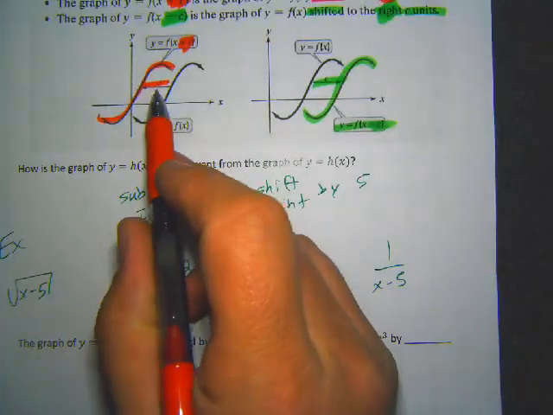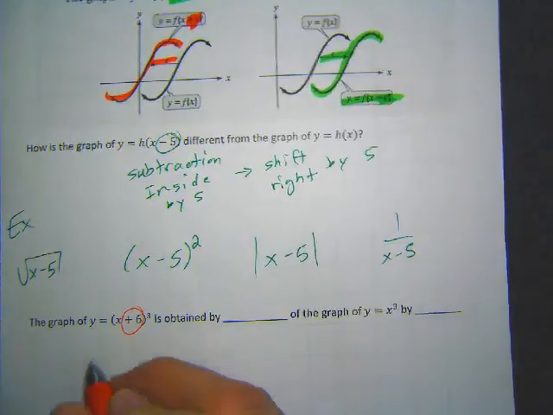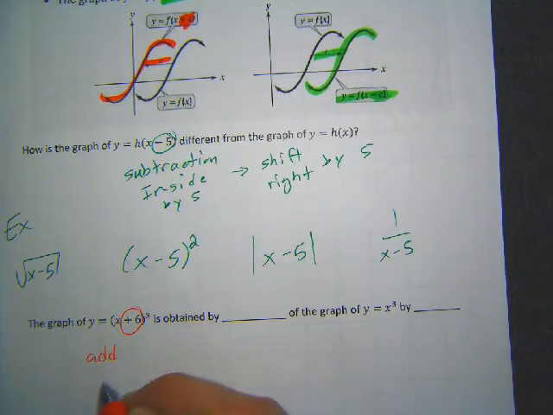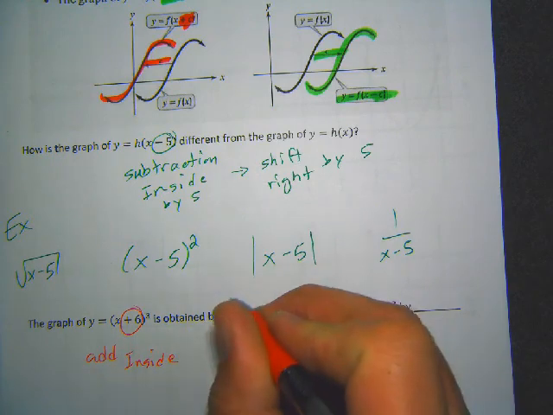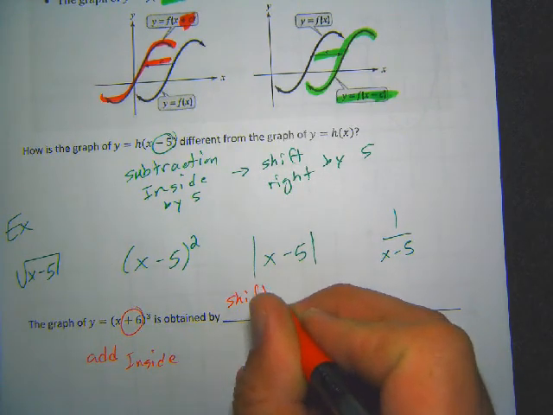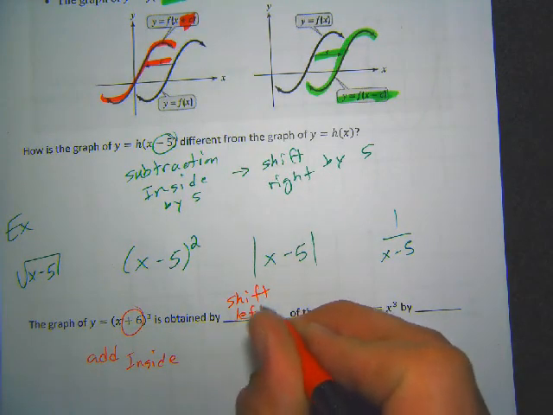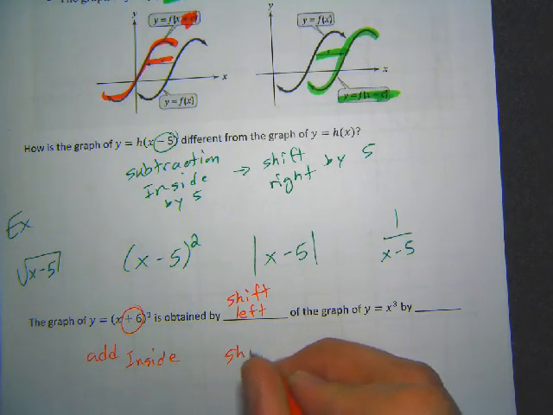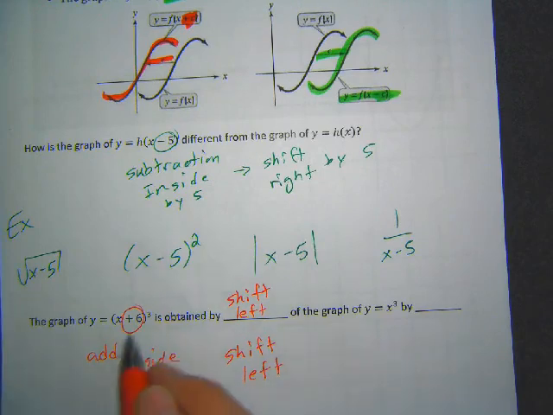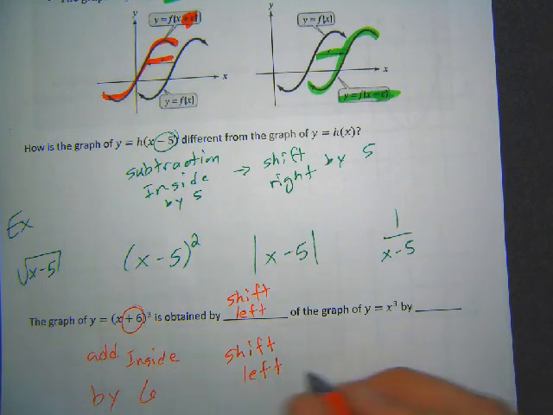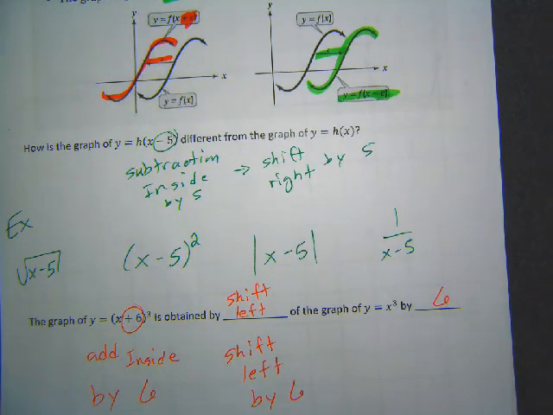That's the weird thing with the horizontal. So it shifts left because it's adding on the inside. And because it's adding 6 inside, it's going to shift left by 6. That's how much. It's going to go to the left 6.